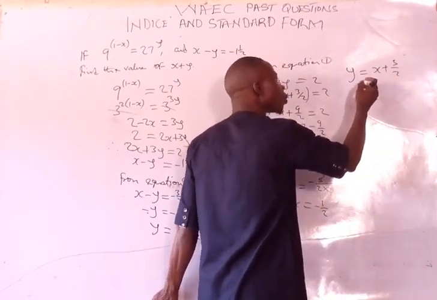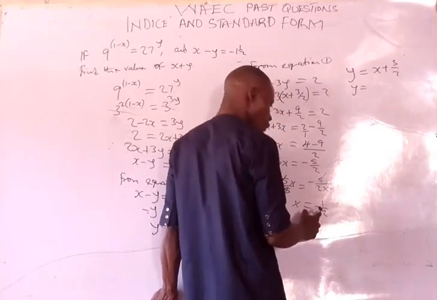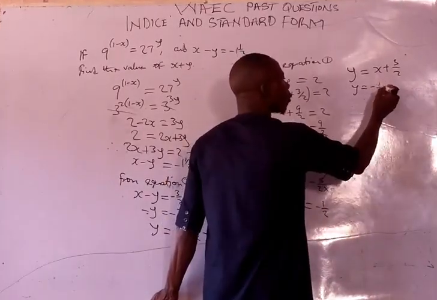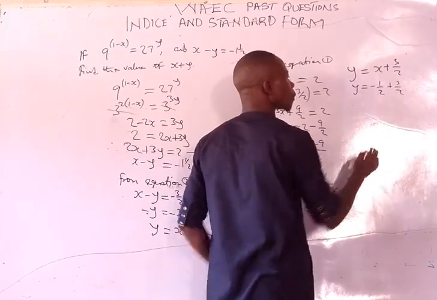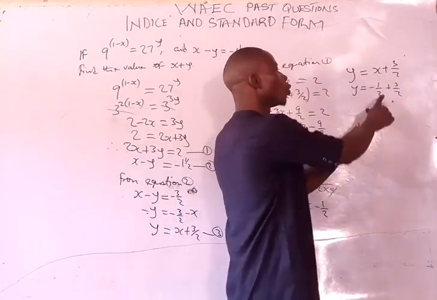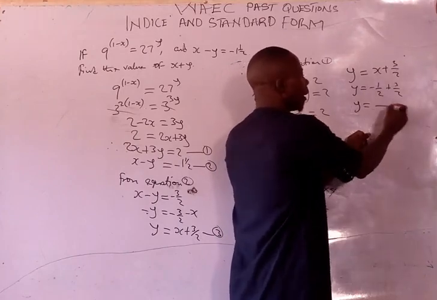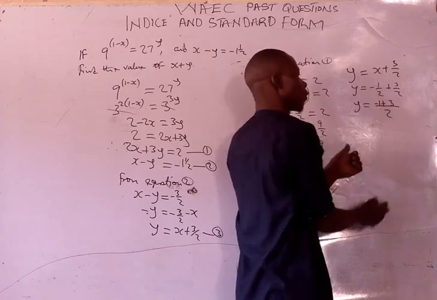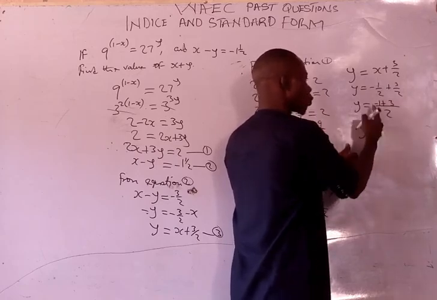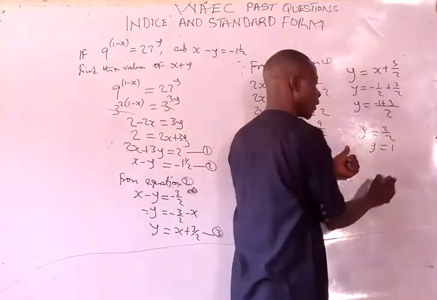So y will be equal to the value of x, minus 1 over 2, plus 3 over 2. The LCM is 2, so we take what is in the numerator straightforward. y will be equal to minus 1 plus 3, which is 2 over 2, and our answer will be 1.